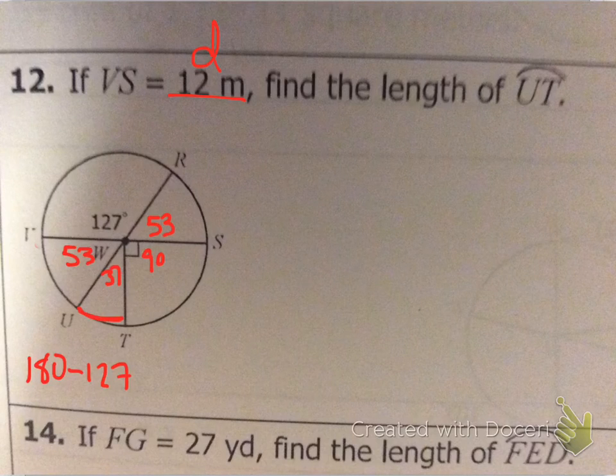So arc length would be 37 over 360 times pi. Since I have the diameter, I'm just going to say pi times diameter times 12. So 37 divided by 360 times pi times 12. And you get approximately 3.87 meters. And that's really all that is to it.